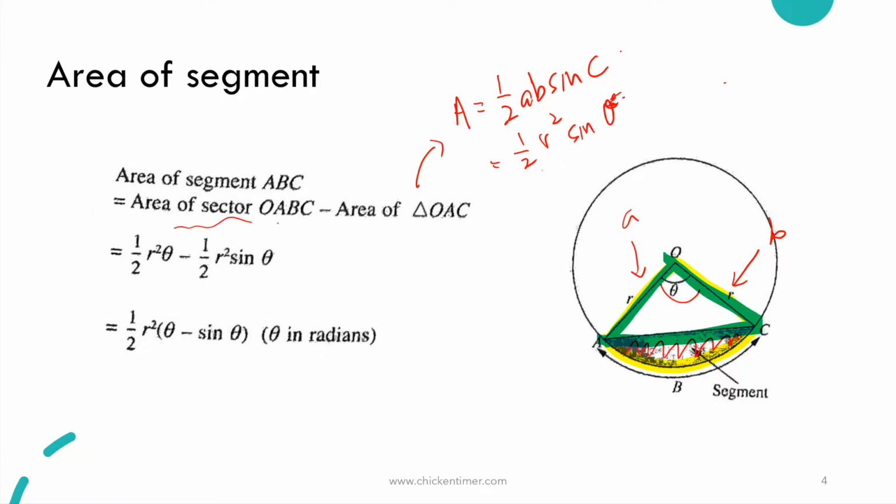Then area of sector will be half r squared theta as before. So you get this. There's really no need to memorize this formula unless you have no choice, but by common sense, you will be able to sort out the area of segment pretty easily.